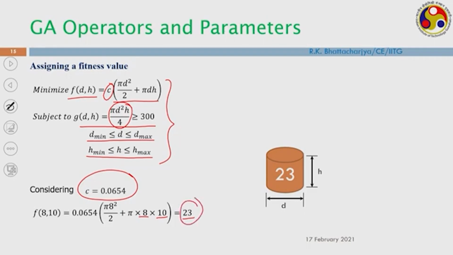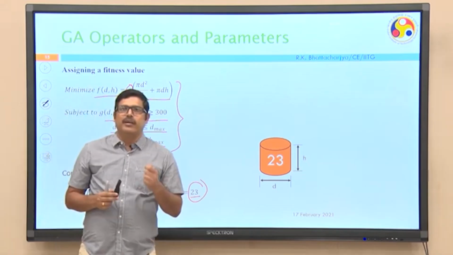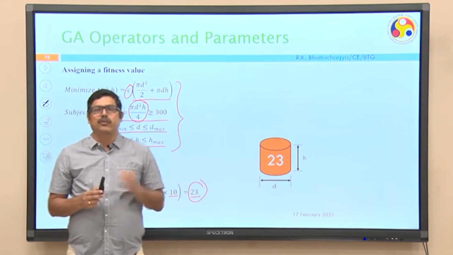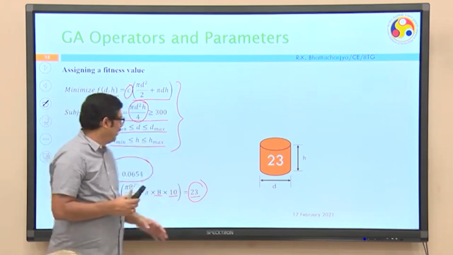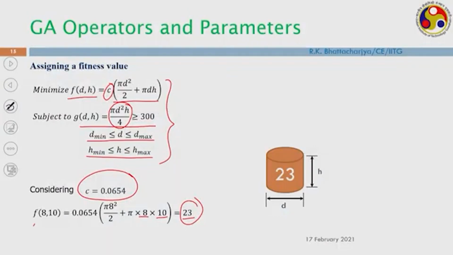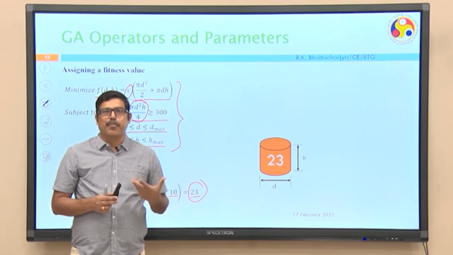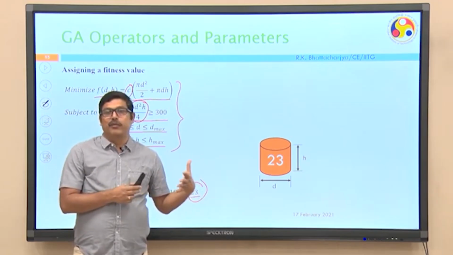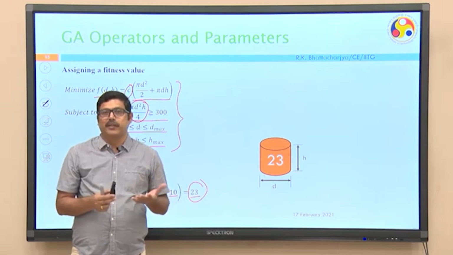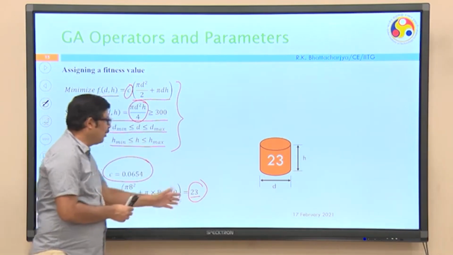Now, the question is, in this particular problem, what are we doing here? We are trying to minimize the cost, and therefore if the objective function value is lesser, that means that is the better solution. Suppose now it is 23.